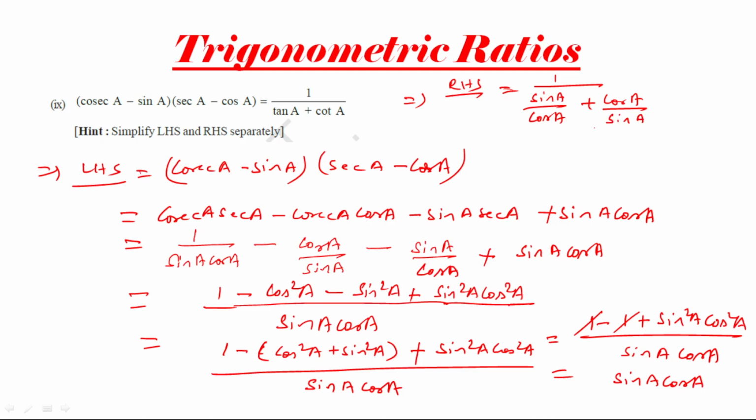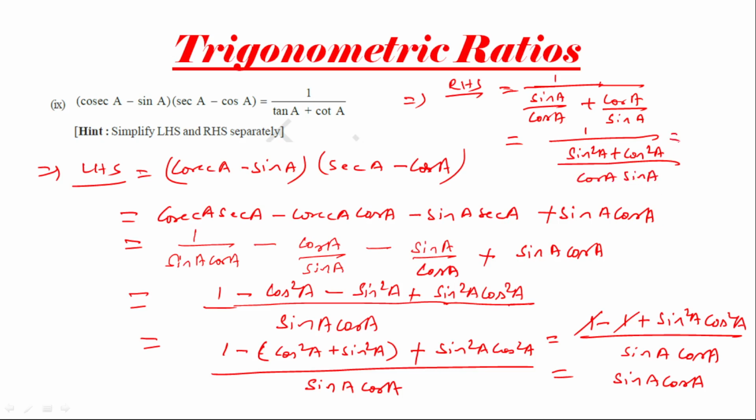Okay, so now we have taken the LCM, so 1 by, it will become sin square A plus cos square A by cos A sin A. So sin square A plus cos square A will be equal to 1.